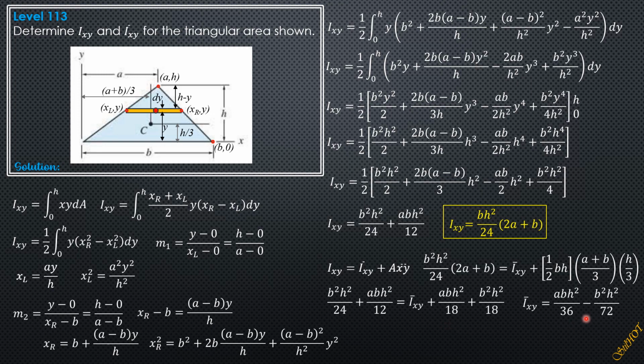Factoring out b square h square over 72, I barred xy is equal to b square h square over 72 times 2a minus b. So that's it, and I hope that you were able to follow the solution. It's only algebra that prolongs the solution here.